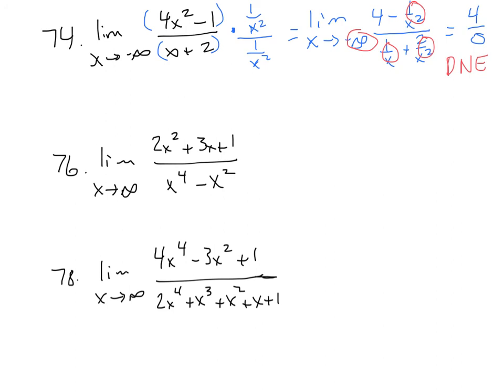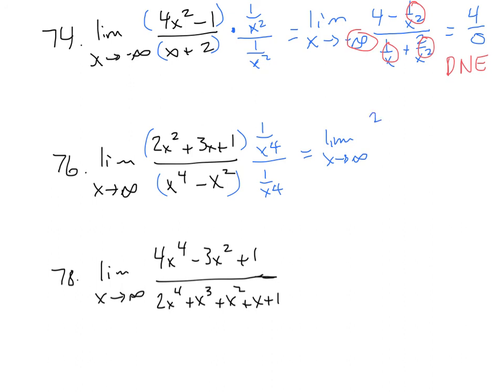Okay, let's try the same trick on the next problem, 76. I'm going to look for the highest power, which is x to the 4th. So 1 over x to the 4th on top and 1 over x to the 4th on bottom. Basically, I'm dividing every term by x to the 4th. And when I do that, I get a new limit. X is going to positive infinity, which doesn't really make much of a difference to us. And look what happens.